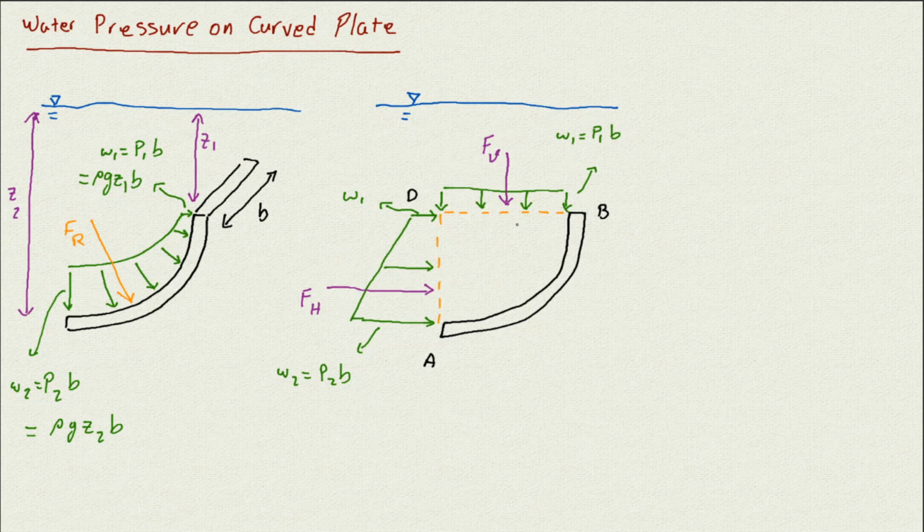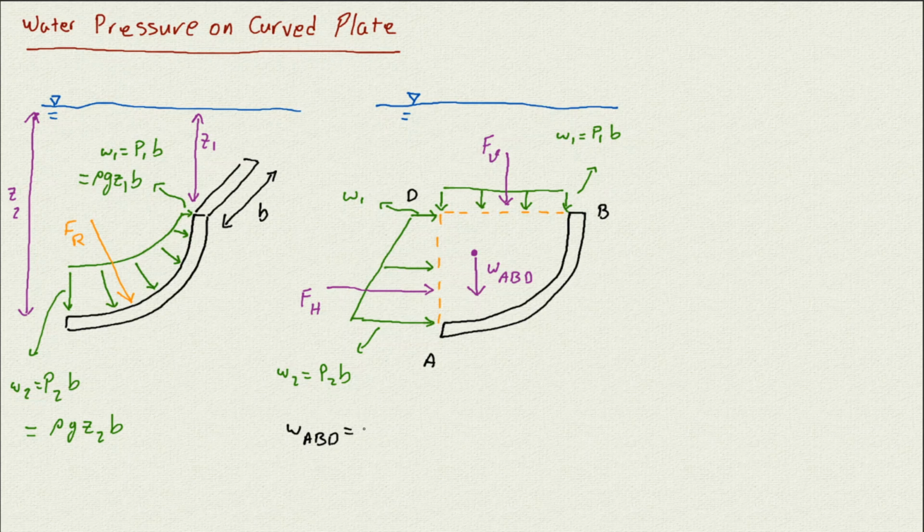And then I have the weight of this body, which is going to be applied at its centroid, and it's going to be the weight of the ABD. And we know that the weight of the ABD is the area of the water we have times the width, which gives us the volume of the water, times rho g, which gives us the weight.